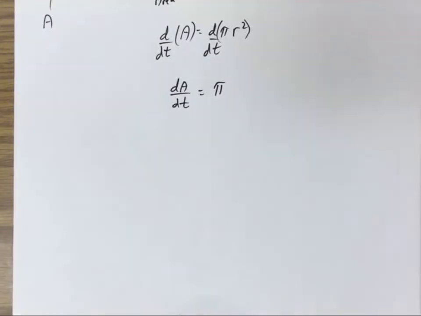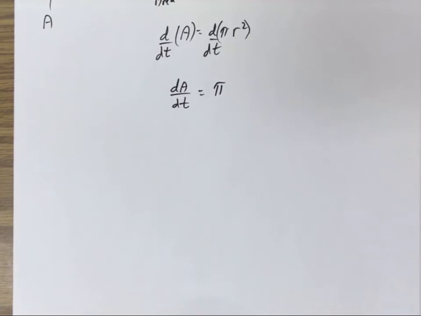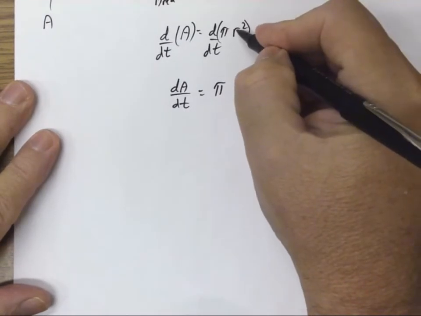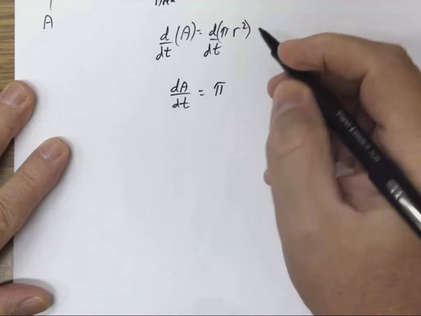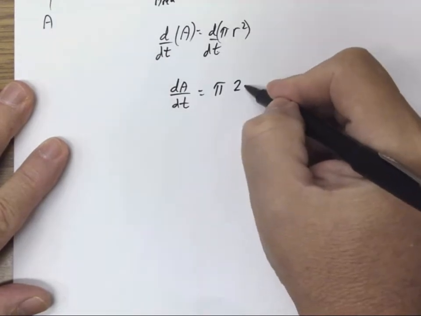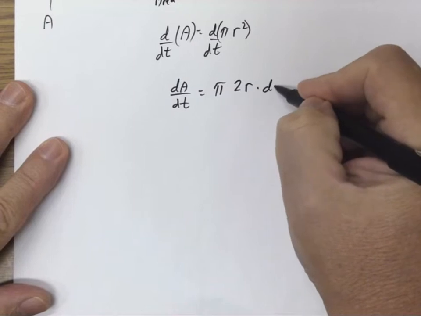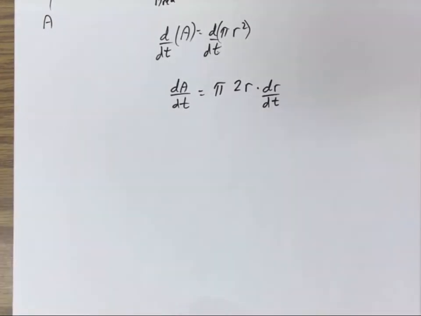Now the derivative of r squared with respect to t, once again this is like implicit differentiation, since the variable is different than what I'm taking it with respect to. So r squared becomes 2r, but then you have to add on the dr dt.